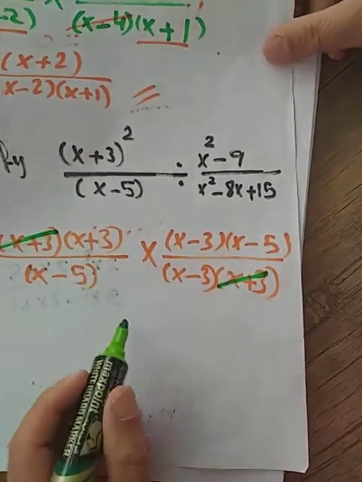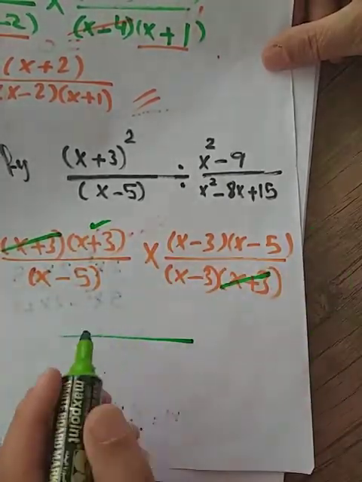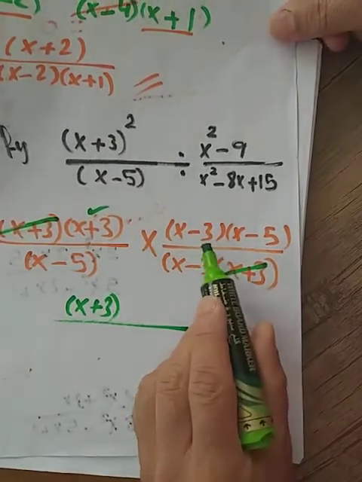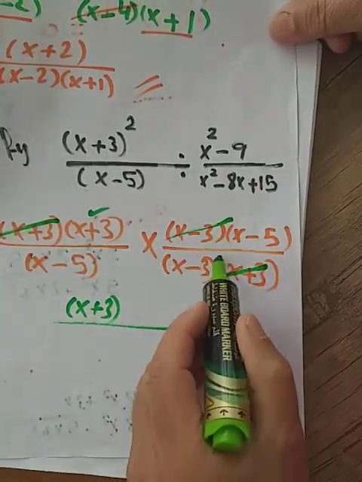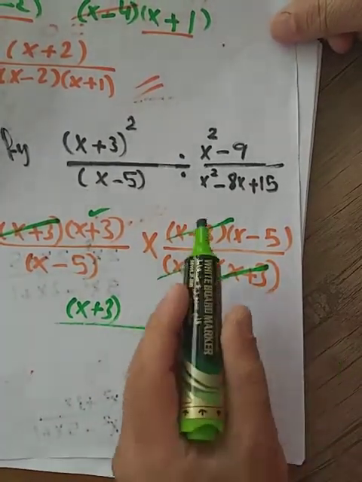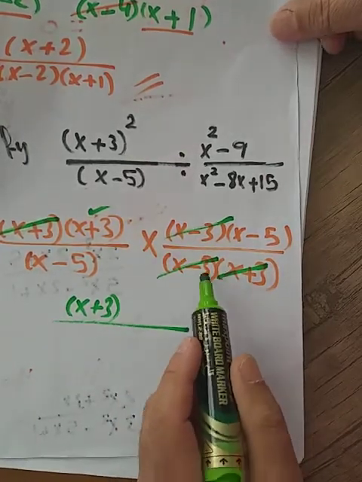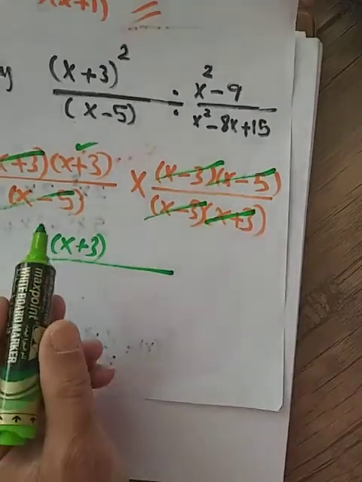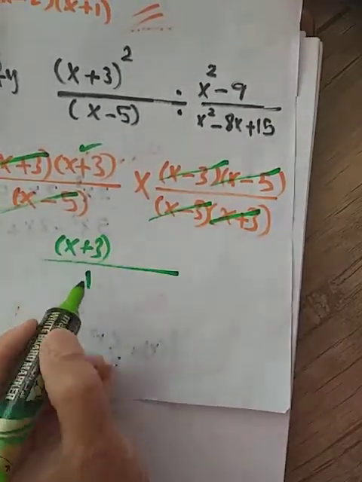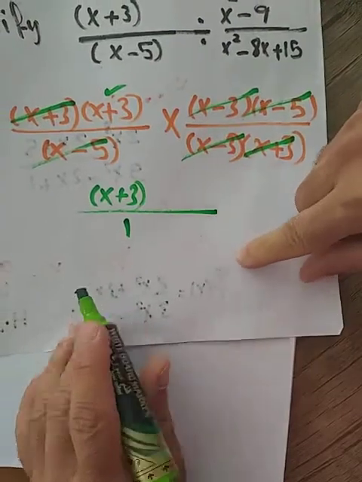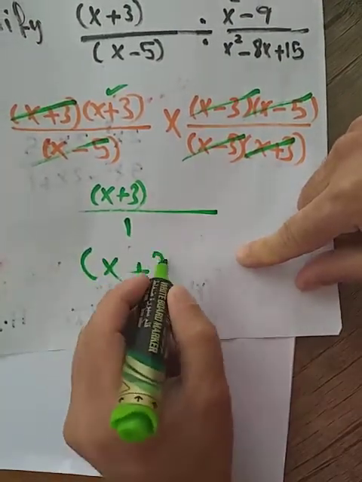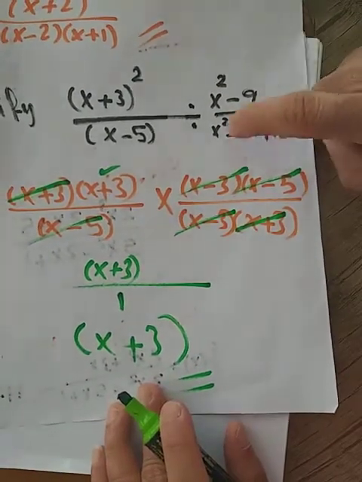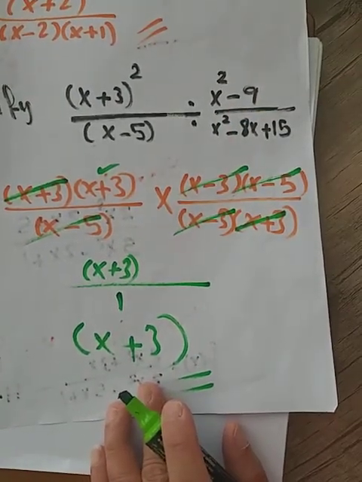X plus 3, we don't have, write it down. X minus 3, yes, x minus 3 with x minus 3. Up or down, just reduce. X minus 5 with x minus 5. What do you have down as remainder? Nothing, 1. So the final answer is x plus 3. This is the answer of dividing these rational expressions.